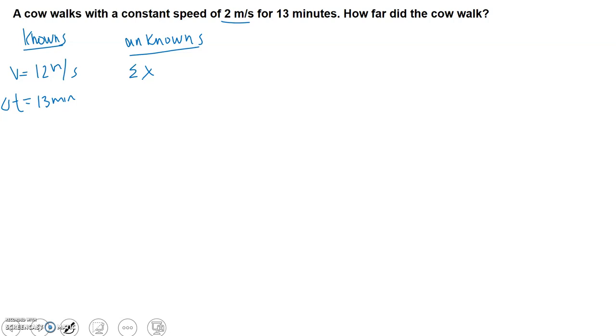Next, we draw our picture. Again, this is just a cow walking. I'm going to draw my cow as a circle. He's walking with some speed over a time period, and he'll cover a certain amount of distance. We begin with our standard equation. Speed is equal to distance over elapsed time.